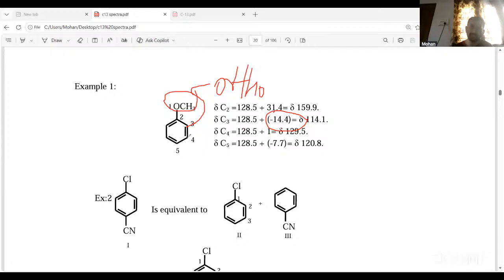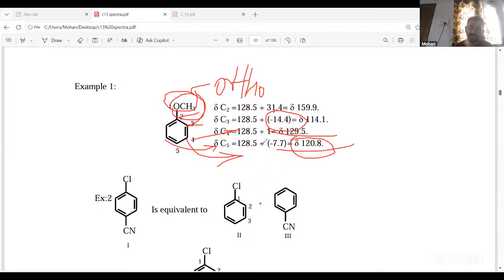And the C4 carbon. With respect to this C4 carbon, the methoxy substituent is considered meta, so we take that value. For C5, the methoxy group is considered para, adding minus 7.7, and the value is going to be 125.